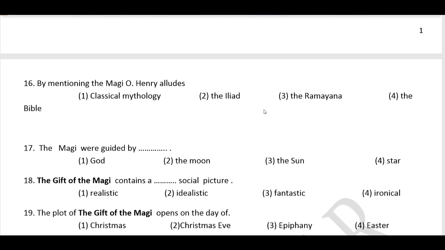Okay. So, in this short story, we find biblical allusion, and it's found in the title as well as in mentioning King Solomon and also Queen Sheba. Okay. So, by mentioning the Magi, O. Henry alludes obviously the Bible, because Magi are found in the Bible.